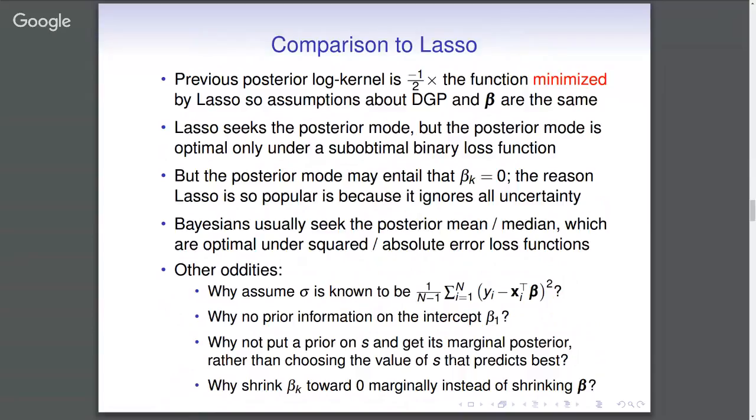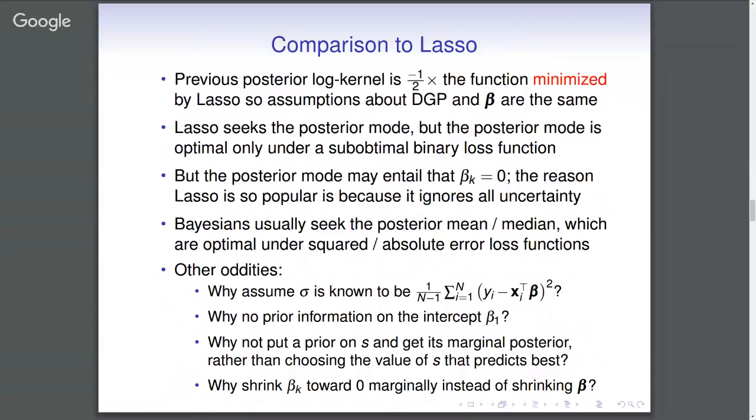But if you take the Bayesian perspective on this, all you've done when you say, okay, the posterior mode is 0 for some beta, is ignore all of your posterior uncertainty. And so the part of lasso that lasso engineers are attracted to is the intellectually dishonest part of it, where you just ignore all your uncertainty and proceed as you were.